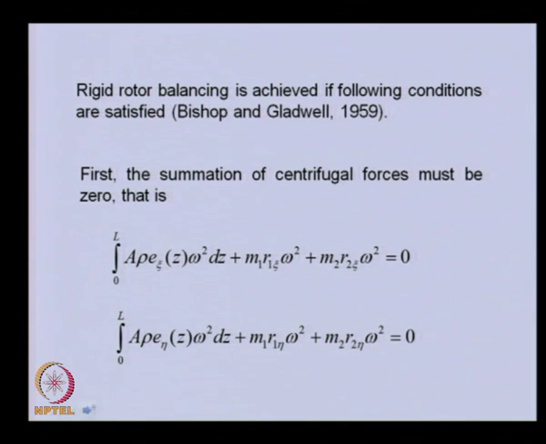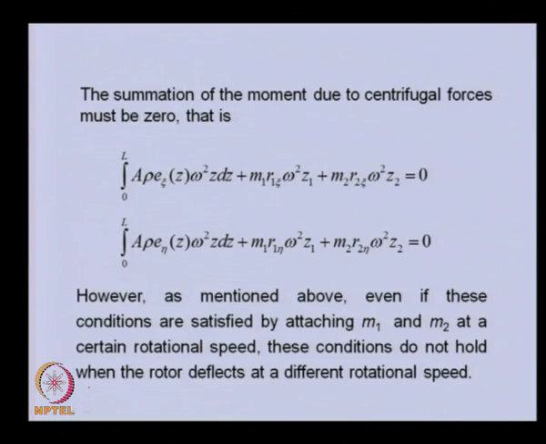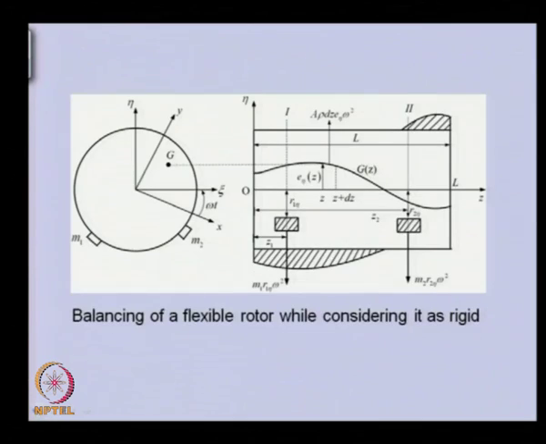Apart from the centrifugal force, the moment about any point, due to the continuous variation of the eccentricity as well as the correction masses, should also be balanced in both planes. So in the xi z and eta z planes, not only the force but also the moment should be 0 for the rigid rotor balancing case.